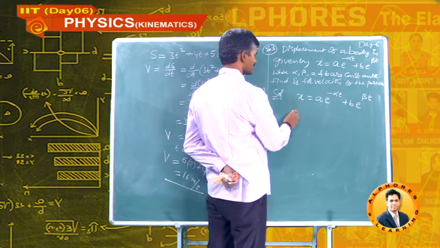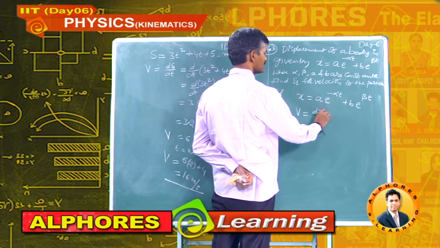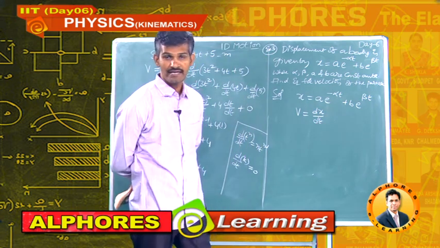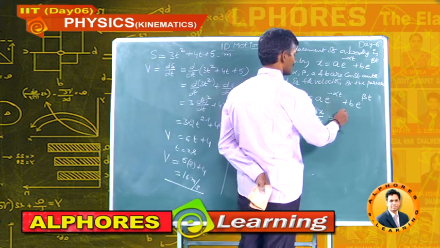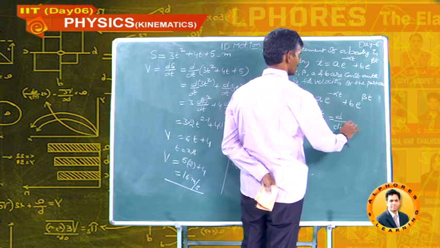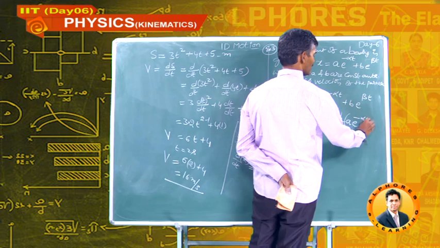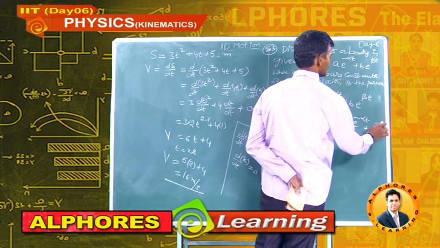So velocity of the particle is given by dx by dt. So this dx by dt is nothing but d by dt of a e power minus alpha t plus b e power plus beta t.